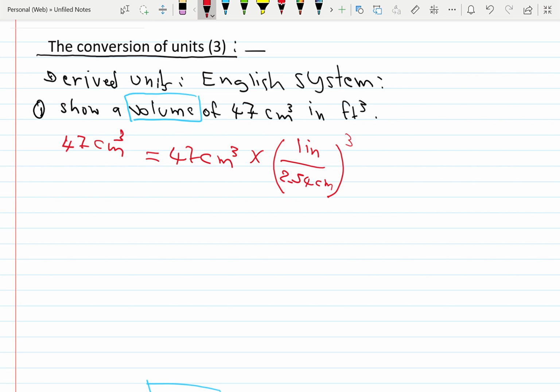From here we don't want to stay in inch, we need to move from inch to foot, so that will be in 1 foot we have 12 inches. This is also cubed.